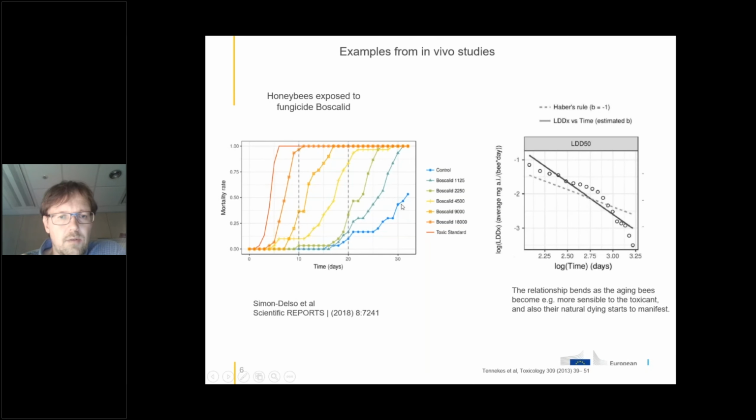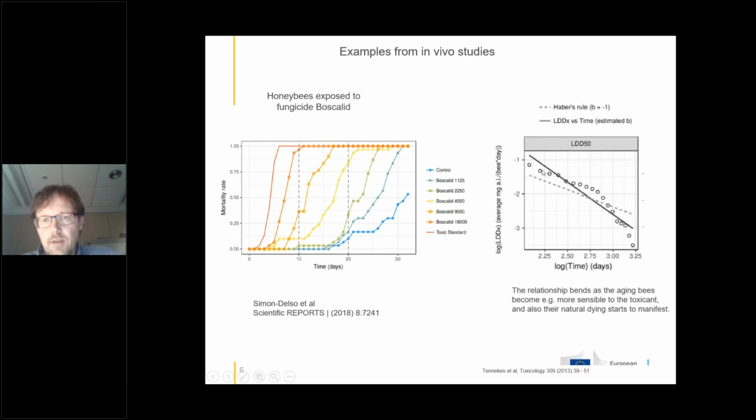And when you increase the concentration of boscalid, you see that the mortality rate increases. From this graph, you can build the graph on the right side, where you have the log of time on the x-axis and the concentration, which corresponds to LD50, so the dose which causes 50% deaths of your bees.